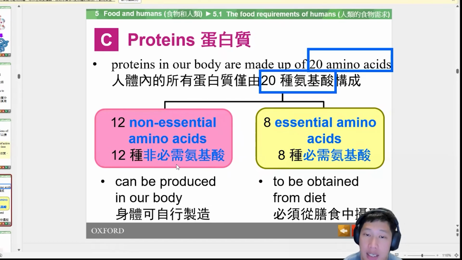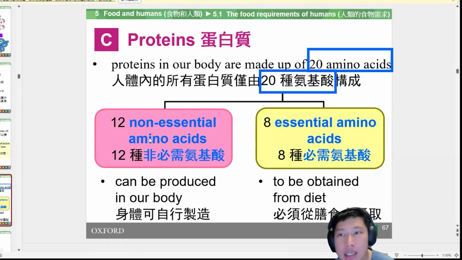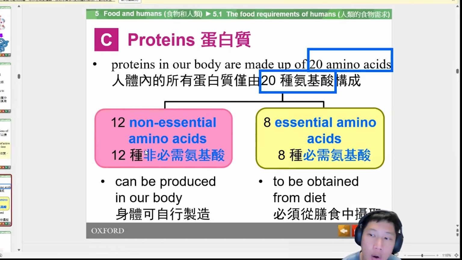Most of the amino acids, around 12, can be produced by our body. We will say that they are the non-essential amino acids because we can easily produce them ourselves. So they are not limited. But those others, we need to obtain from the diet or get from other places.